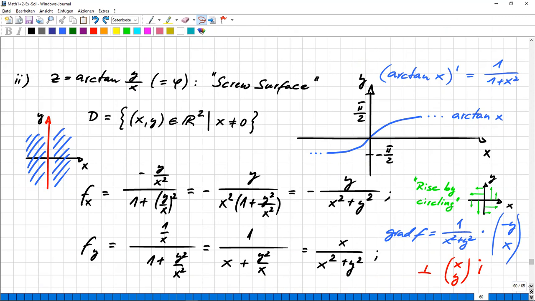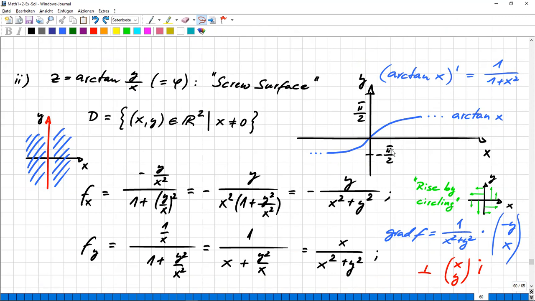You should all remember that this famous arctangent expression of y over x, no matter whether it's used in the real domain or in the complex domain, always represents this magical value of phi, which we have defined as the angle with respect to the positive x-axis.